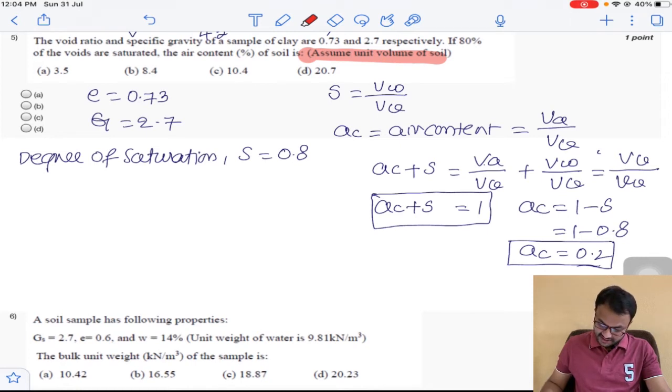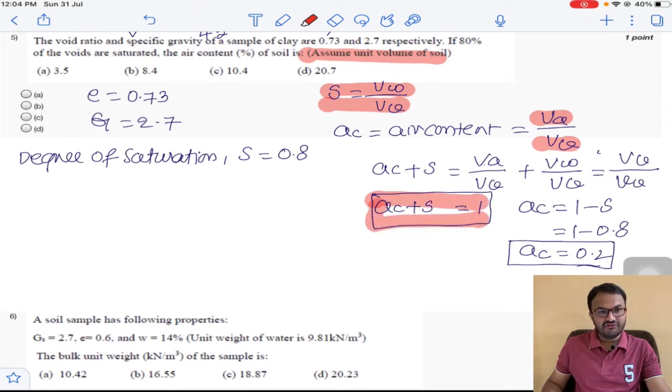Okay, so here he has given e is equal to 0.73, G is equal to 2.7, degree of saturation S is equal to 0.8. So we know S is equal to volume of water divided by volume of voids, and air content is equal to volume of air divided by volume of voids. So whenever we add AC plus S, we will get 1. You will get AC is equal to 1 minus S, that is 1 minus 0.8, AC is equal to 0.2.